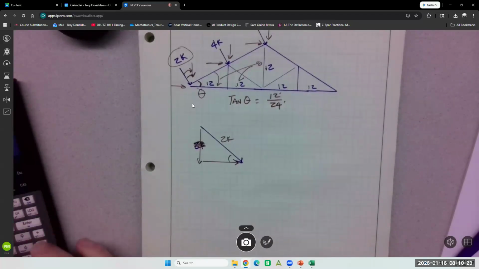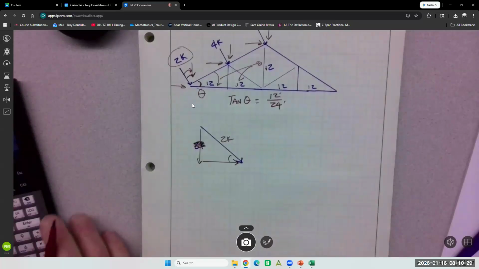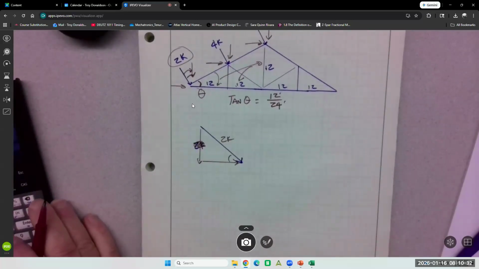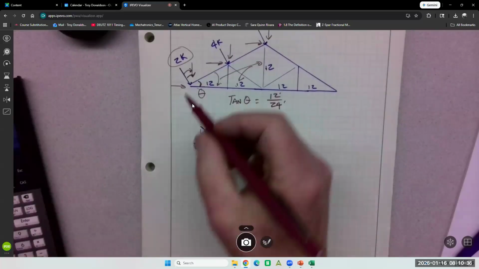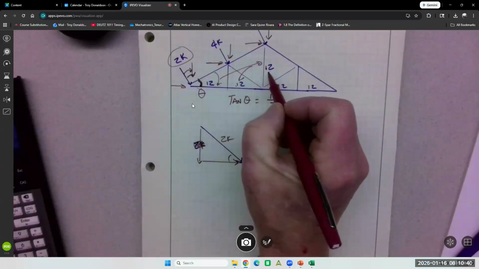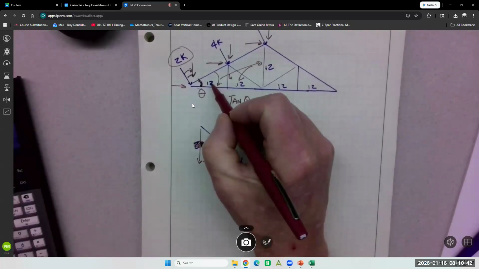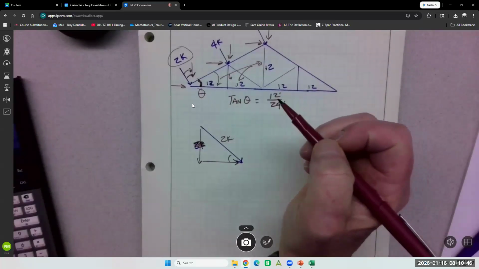Did you get it? What I did first though, I did the smaller one, so I went 12 over 6. Should be the same angle, right? I got 63.43. Inverse tangent. Oh, I get 26 here. So if you did 6 over 12, right? I did 12 over 6. Yeah. So it's not going to be 12 over 6.